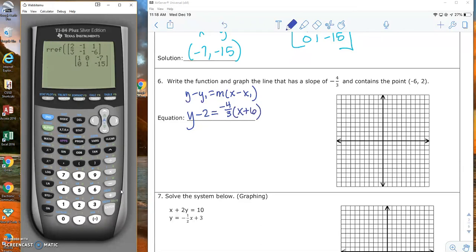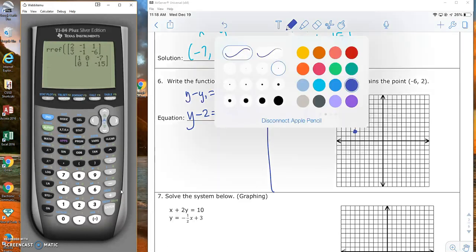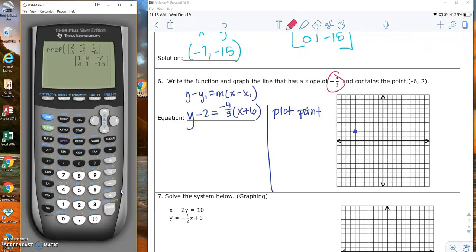And remember, x1 is negative, so minus a negative is really a plus. My other option is to plot my point, which is -6, 2, and then use my slope to continue the line. Either of these methods are acceptable, so -4/3 means go down 4/3, down 4/3.